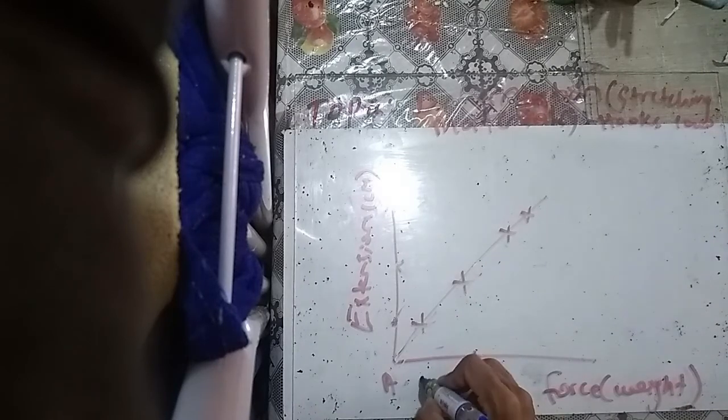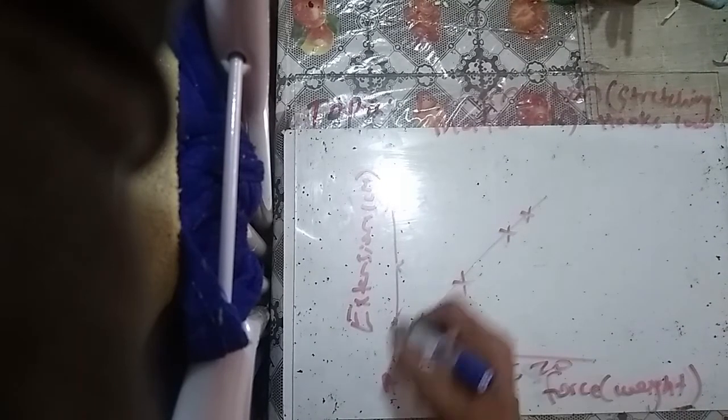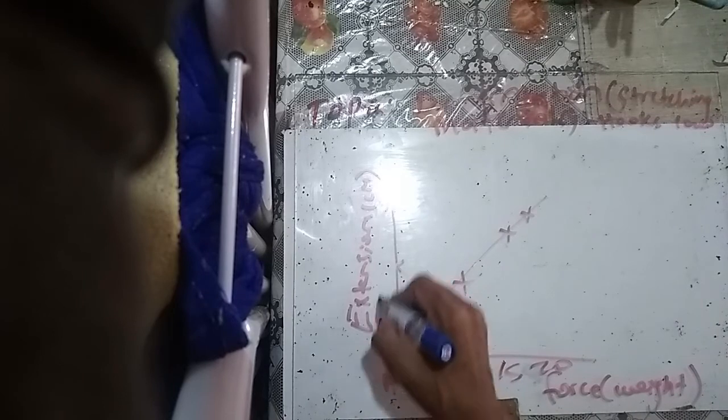They give you this graph populated with values like 5, 10, 15, 20, and extension 1, 2, 3, 4 centimeters. You may be asked, how do I find the weight of the object? As I said, the force is going to be the weight of the object. All along this is the weight.